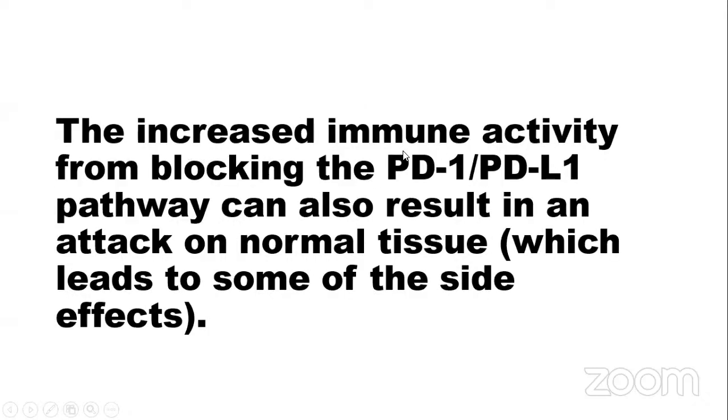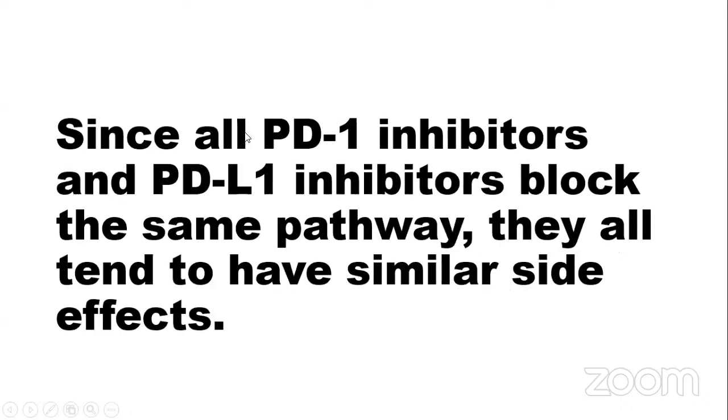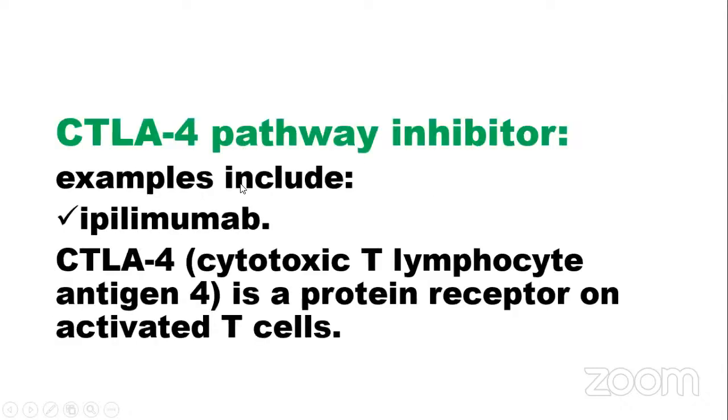The increased immune activity from blocking this pathway can also result in attack on normal tissue, which leads to some of the side effects. All PD-1 and PD-L1 inhibitors block the same pathway, so they all tend to have similar side effects.